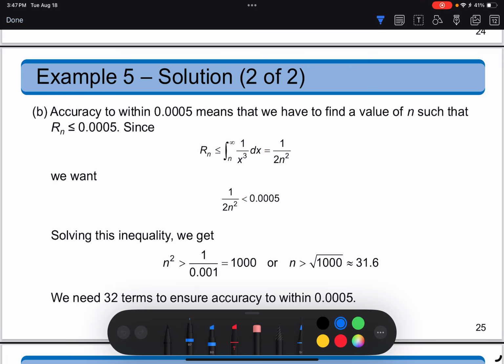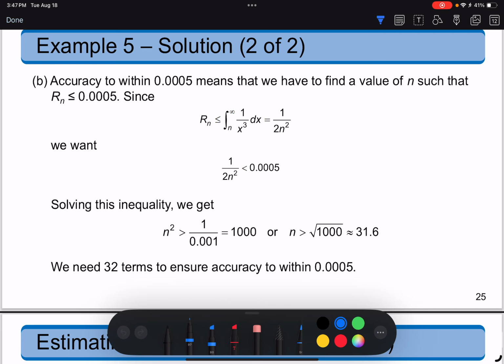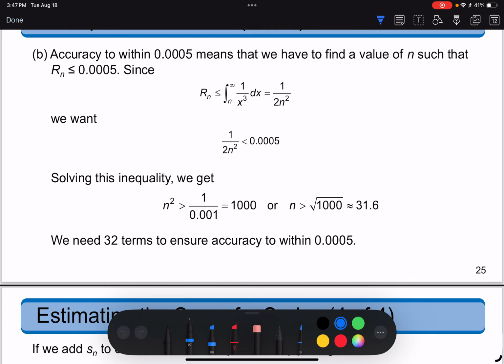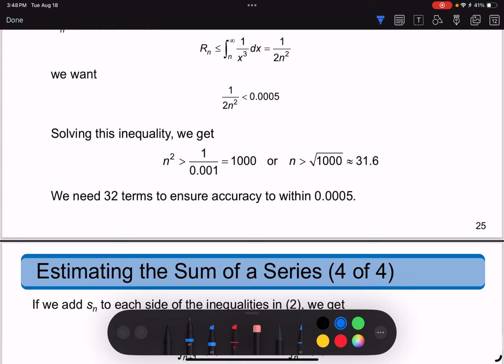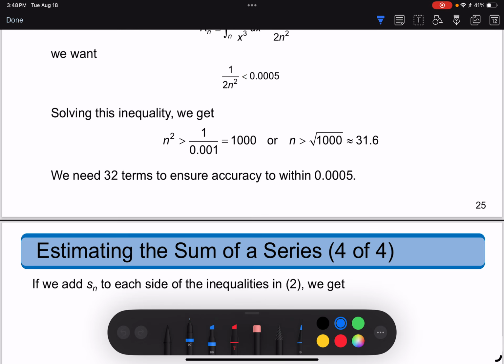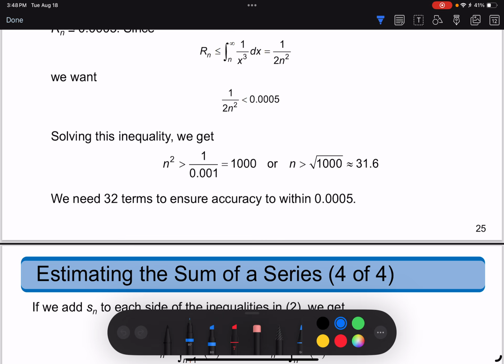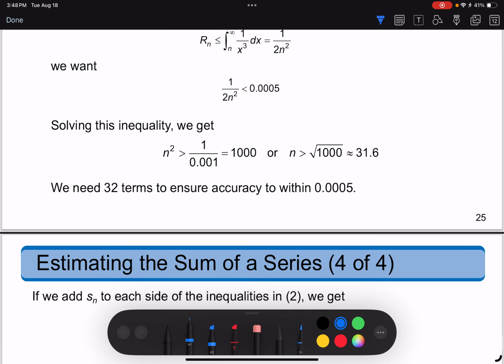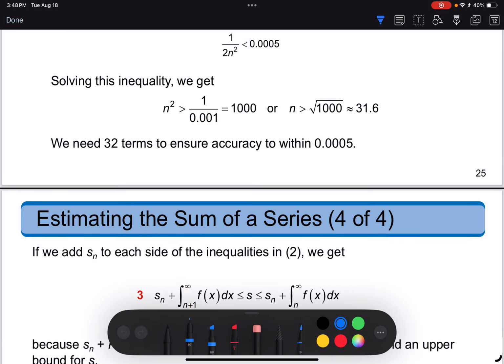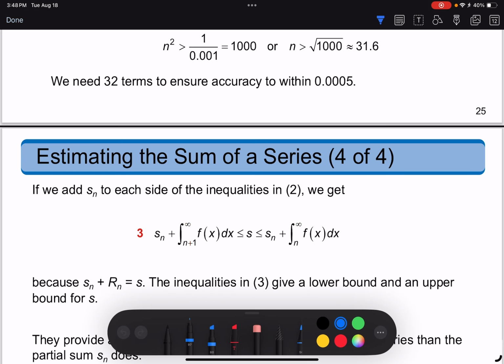So your n would be the square root of 1,000, approximately 32 terms. We round it up so that we would have a better accuracy. So 31 terms would not be sufficient for the accuracy. To reach at least 0.0005, we use 32 terms in the series approximation.